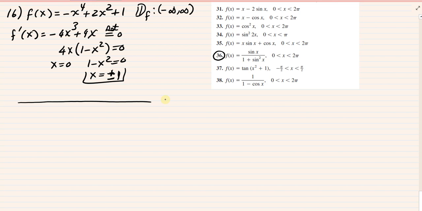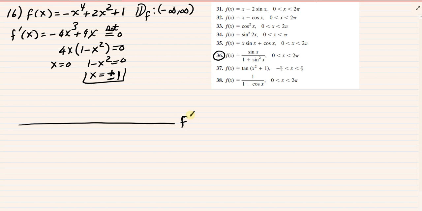Now we're looking at, let me move this a bit lower. We're looking at f prime now, not f, but f prime. And this function is continuous everywhere. That is the derivative. The derivative is continuous everywhere.